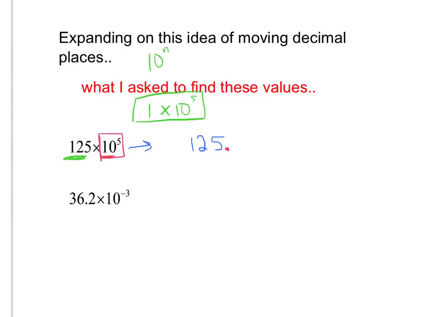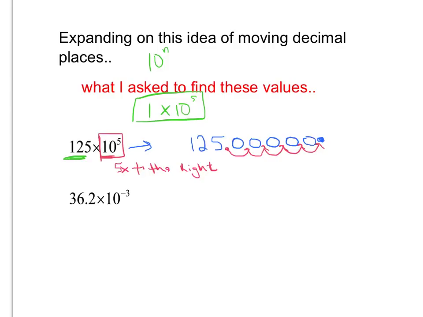This is telling me to move the decimal place 5 times to the right. And so I can do just that. 1, 2, 3, 4, 5 places, add my new decimal place, and then fill everything else in with zeros. So all those places I skipped, I add a 0.